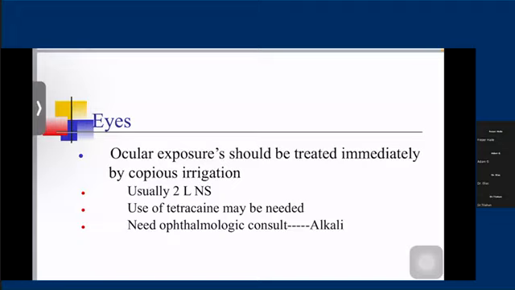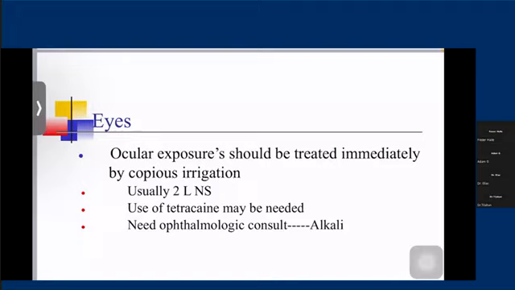Always when you encounter such a patient, we need to irrigate copiously with around 2 liters of normal saline. It can even take up to 1 hour. So we have to irrigate thoroughly for a prolonged time so that we can prevent the damage.